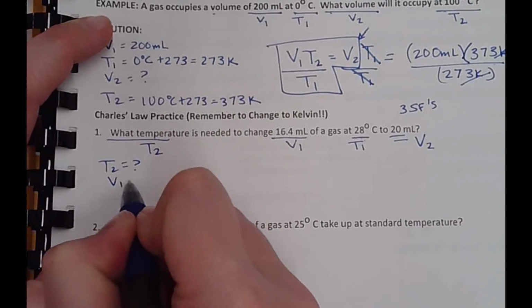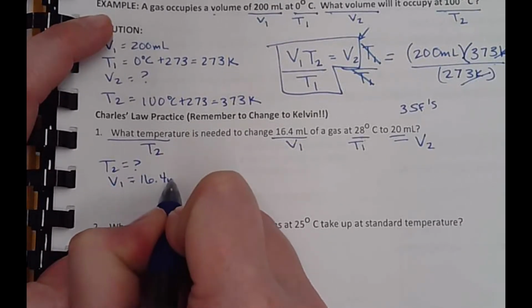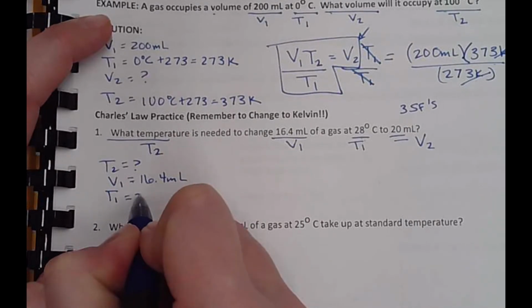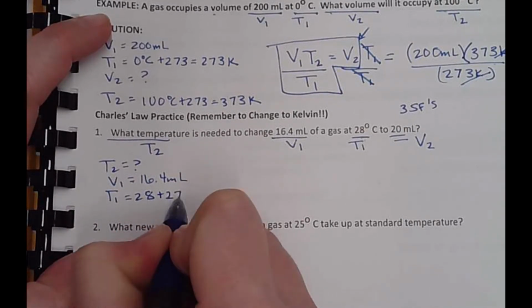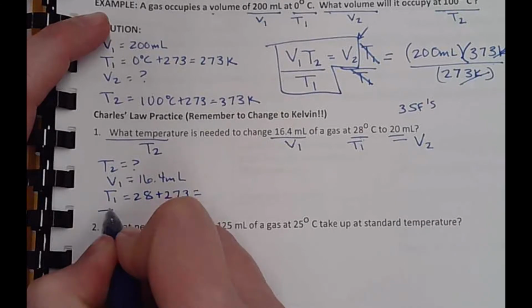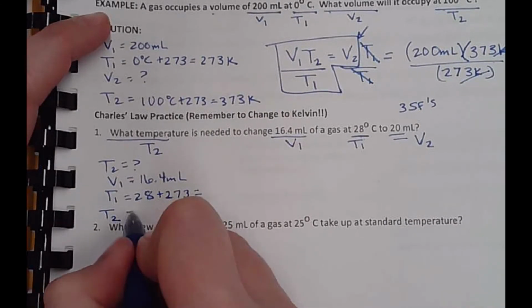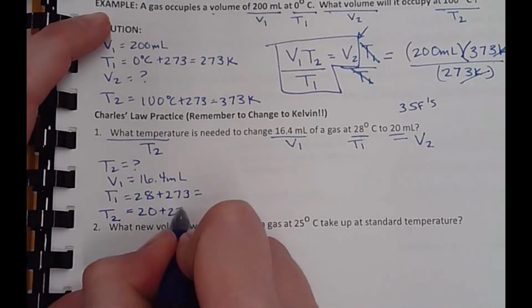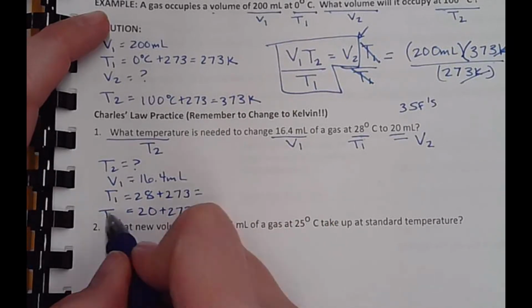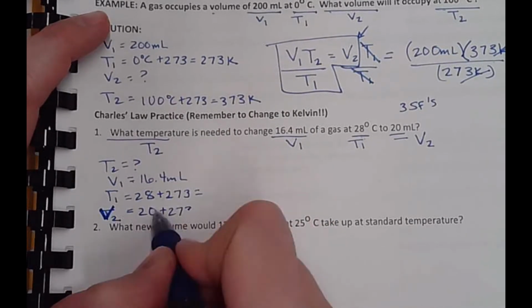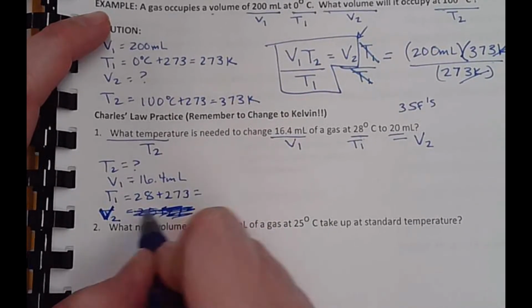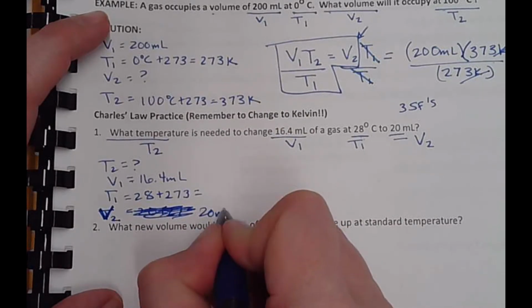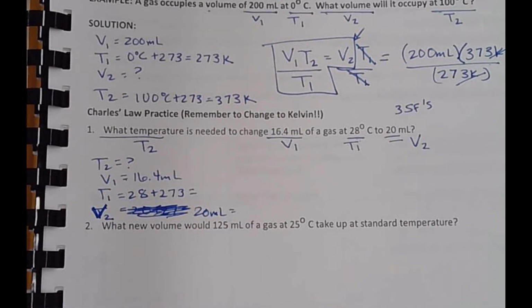V1 is 16.4 milliliters. Temperature 1 is going to be 28 plus 273. Oh, sorry. Nope. V2 is simply 20 milliliters. There we go. Okay, so I'm solving for temperature 2.